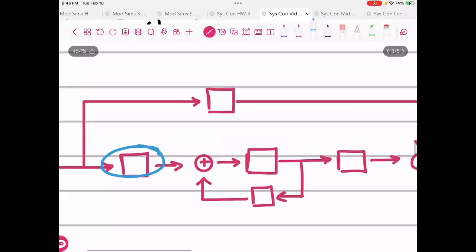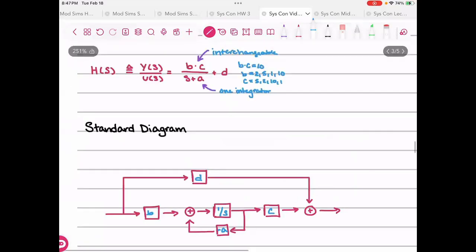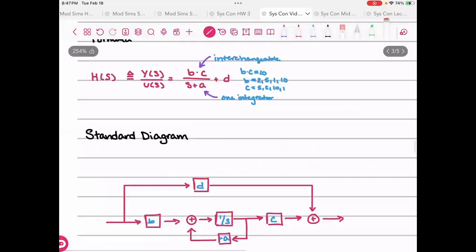So the general block diagram situation that we're going to have, and this is good to put on your cheat sheet because you can just basically copy down block diagrams from it, has an integrator over here, and then it's going to have a negative a here, b and c, and remember those are interchangeable, and then a d here. So we can compare this back to our original formula, and we can see that the d goes here, negative a goes down here, and then b and c go over here.